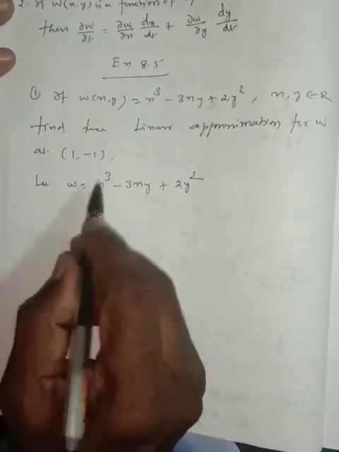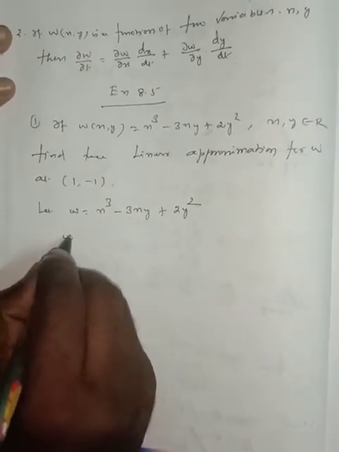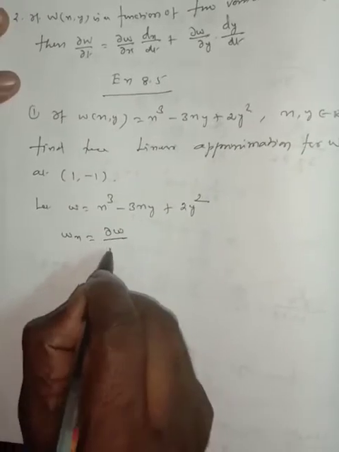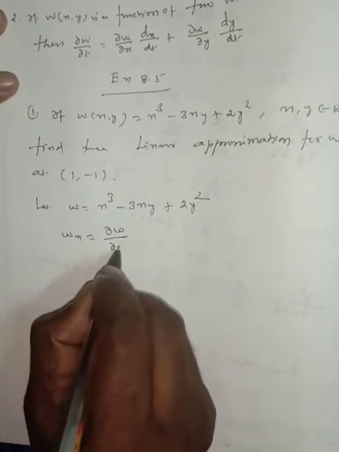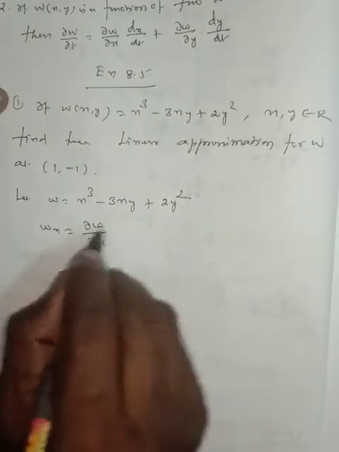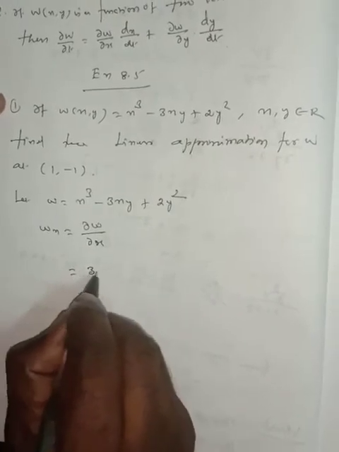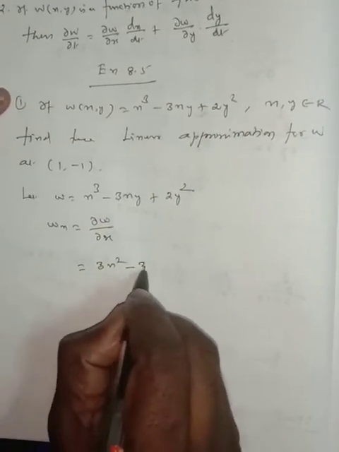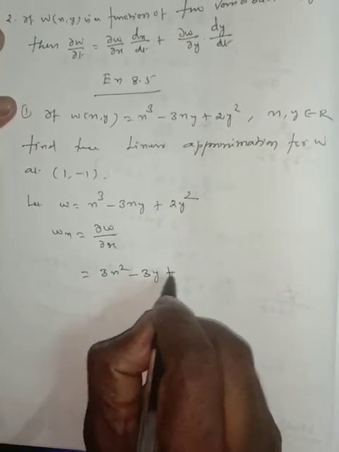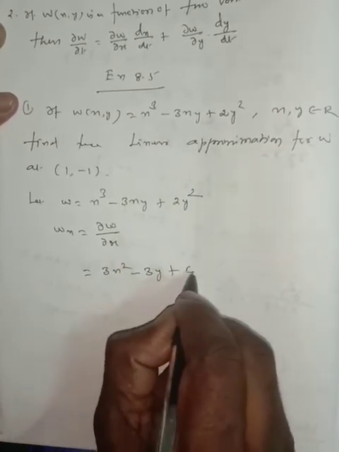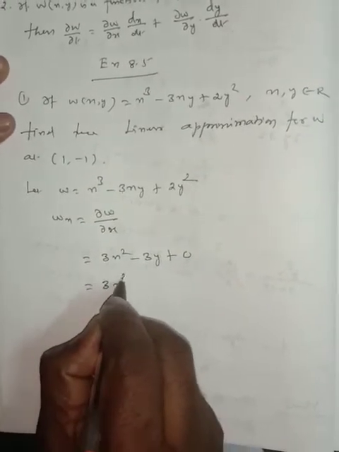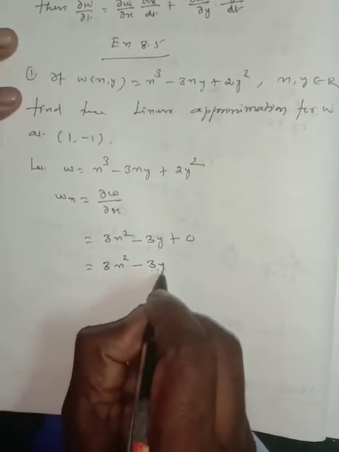First wx. wx means differentiate w with respect to x. Dou w by dou x is equal to 3x square minus 3 into 1 into y, that is minus 3y, plus 0, is equal to 3x square minus 3y.